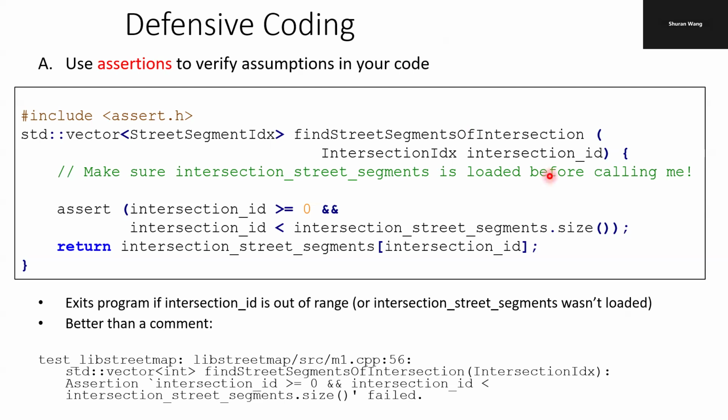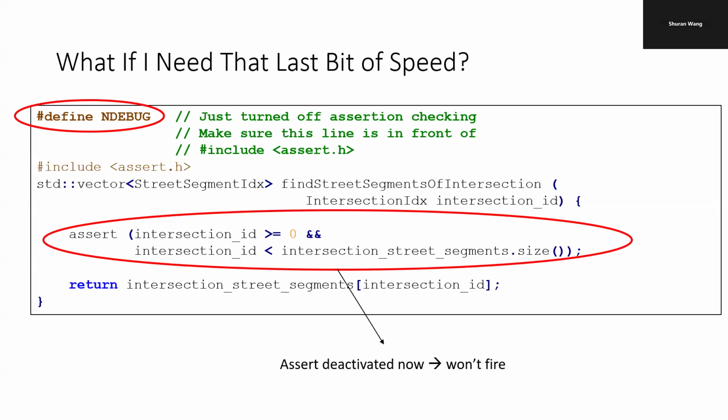It's better than a comment. It checks at runtime and it gives useful error messages. At runtime, if you see something like this, it will be telling you that the program crashed, where it crashed, and which assertion made it crash. The syntax looks like this. You'll have to include assert.h. You'll have to do the assert.